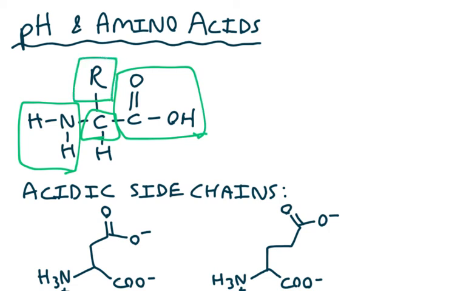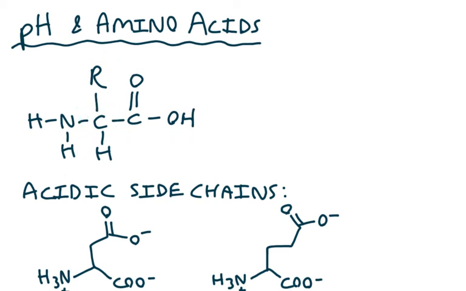So, the interesting thing about amino acids is even though we can write this all neutral like that, what really happens to it is it ionizes. So the NH2 group is basic, and it's going to end up accepting an H+.